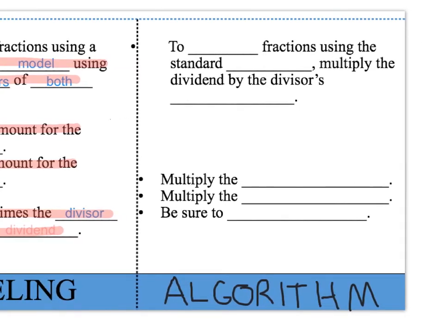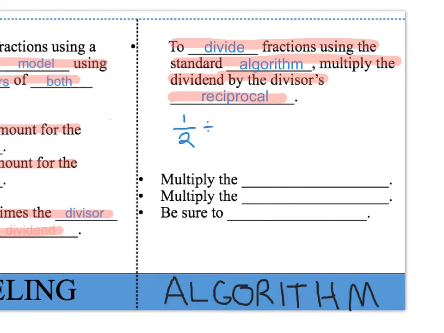Now let's talk about the standard algorithm. To divide fractions using the standard algorithm, multiply the dividend, that is the first number, by the divisor's reciprocal. So for example, if I have a problem like 1/2 divided by 3/4, I want to rewrite this problem to look like this. 1/2 will stay the same.